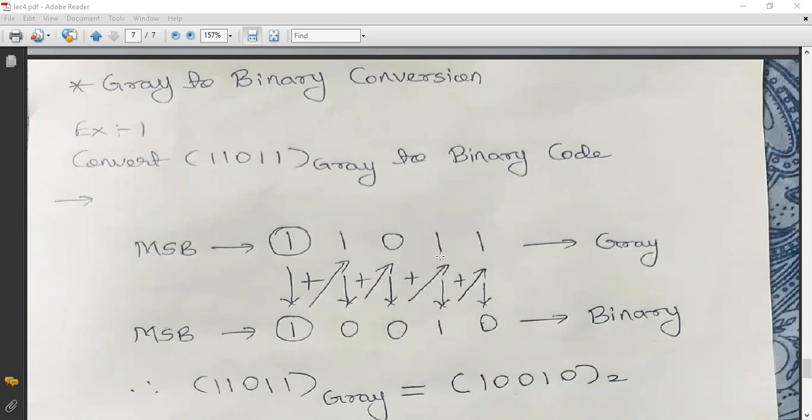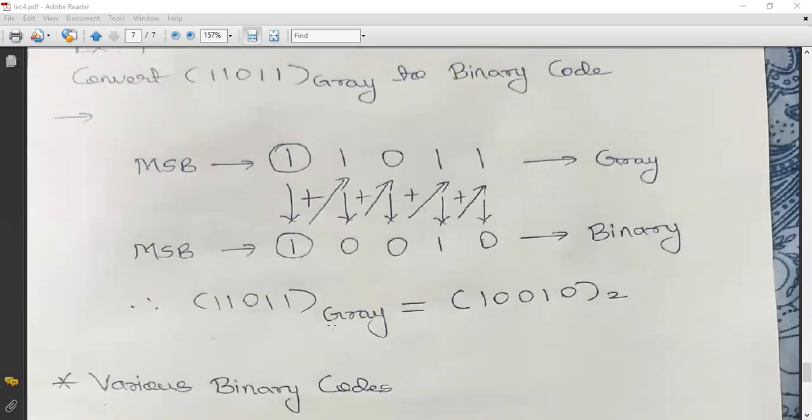Now again 0 plus 1 is nothing but 1. I have written it. 1 plus 1 is again 0 with carry 1, and the carry is discarded, so we got 0. So we have converted this gray form into its binary code form. The answer is 11011 in base gray is now converted into 10010 in base 2.